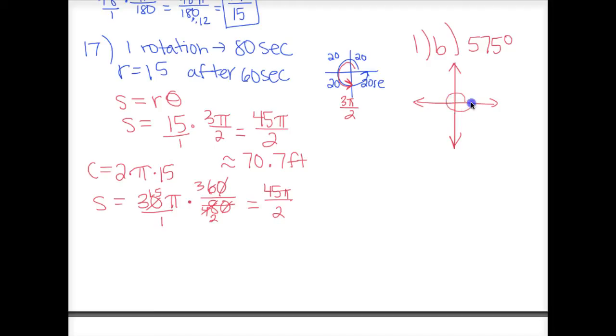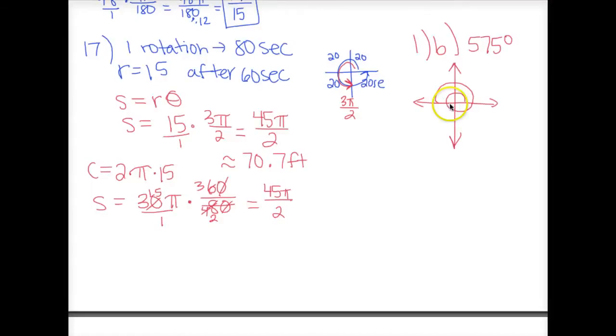So when I make one full rotation, that's 360 degrees. Now, 575 degrees is 215 degrees more than 360. So I know I need to go another 180, again, because I'm trying to get to 215. So if I go 180 more to get to 215, I only need to go 35 more degrees.